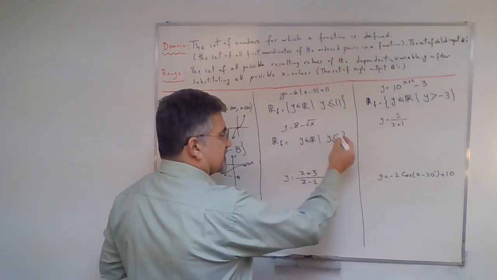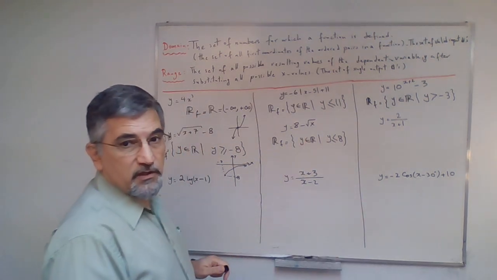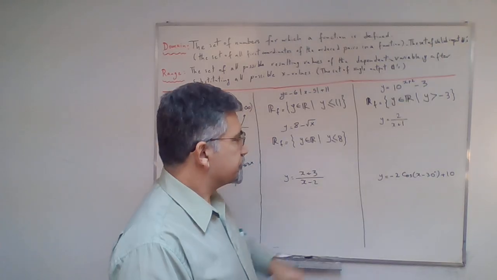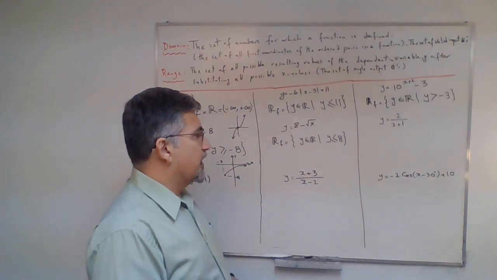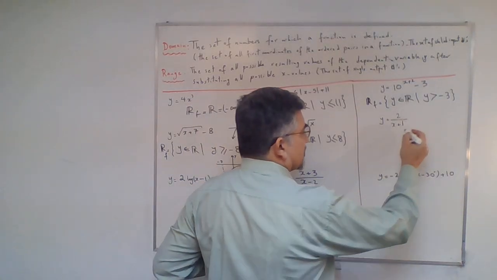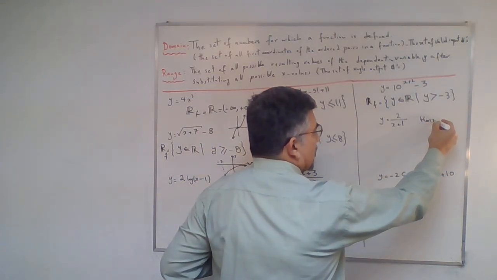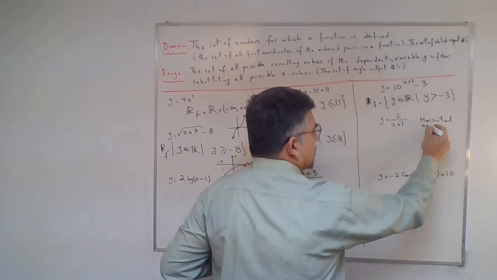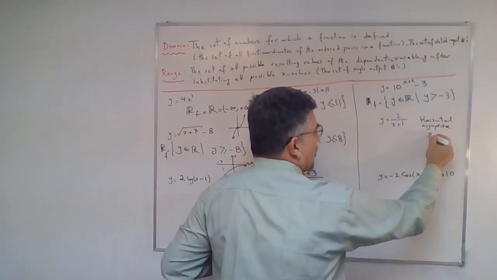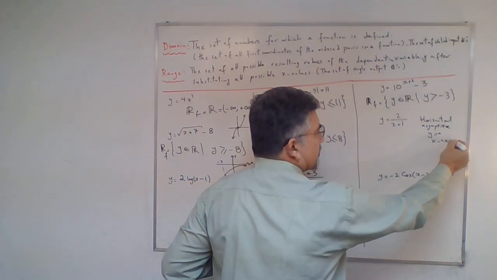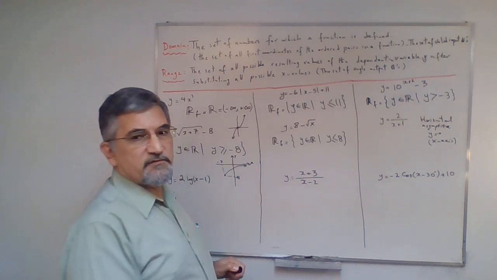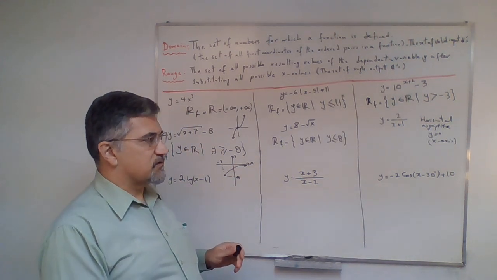Any real number less than or equal to 8 would be within the range of this function. This one is a rational function, and the horizontal asymptote is the x-axis. The horizontal asymptote for this function is y equals 0, which is the equation of the x-axis, and this graph does not intersect its horizontal asymptote.